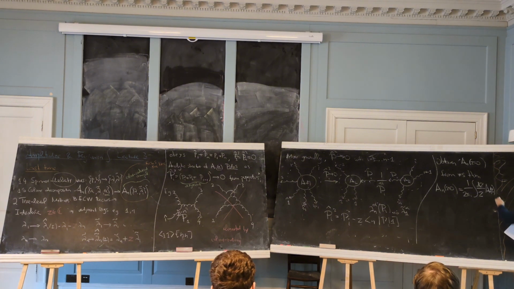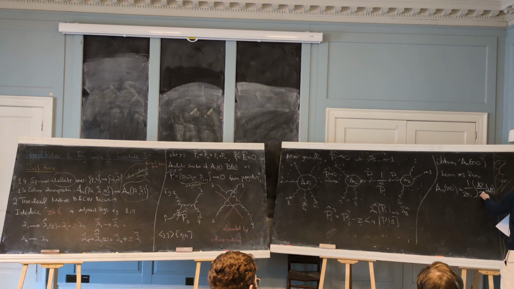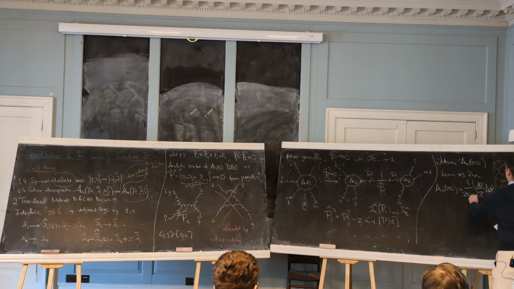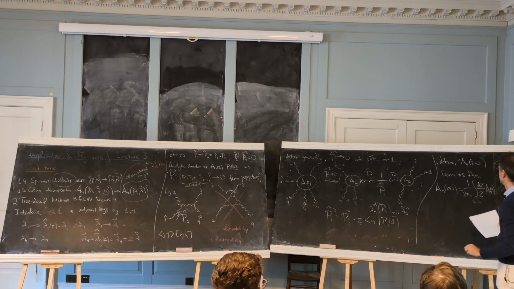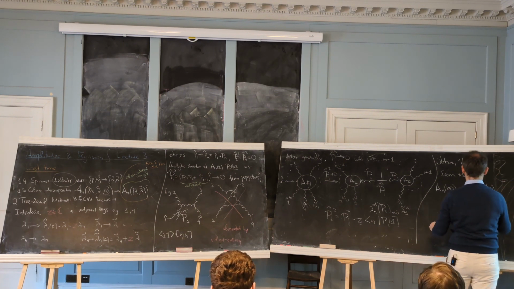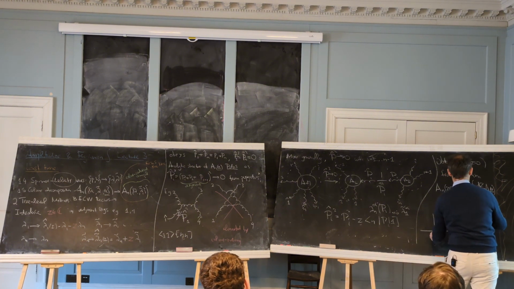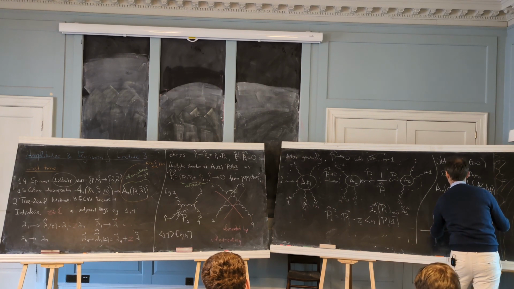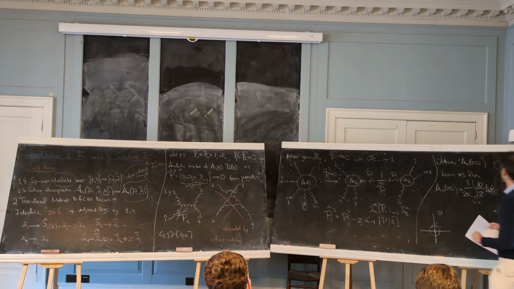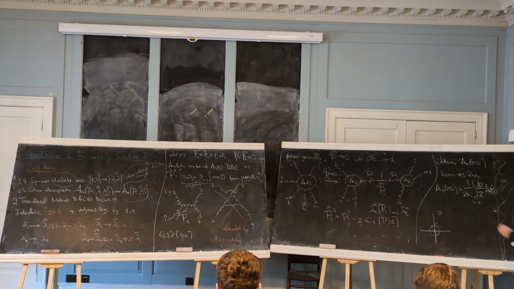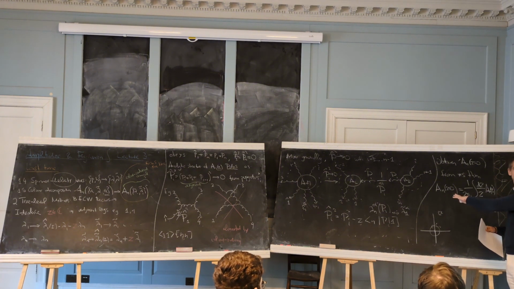So the original amplitude has no pole in z, so this is the only pole it will pick up, and the contour over here is this little contour that goes around 0 counterclockwise. So this is clear for everyone, right?